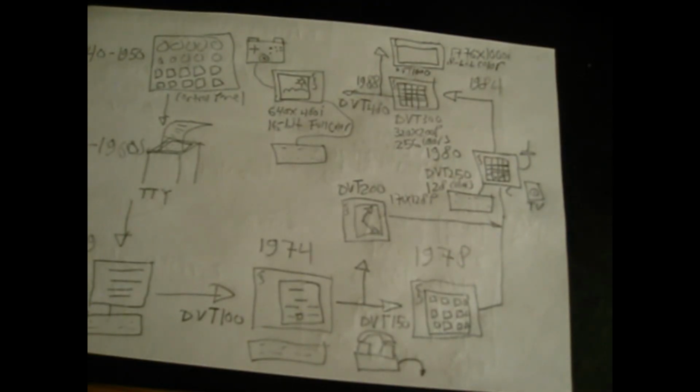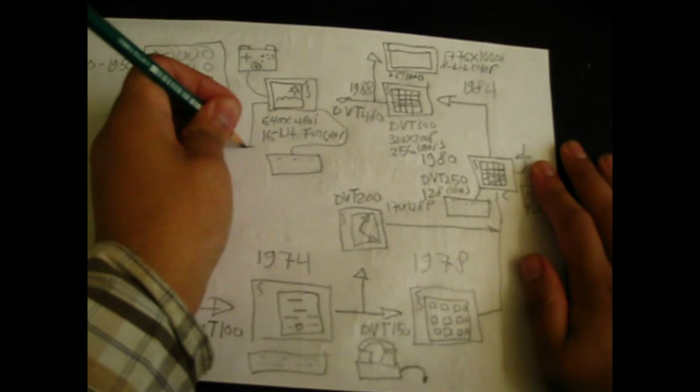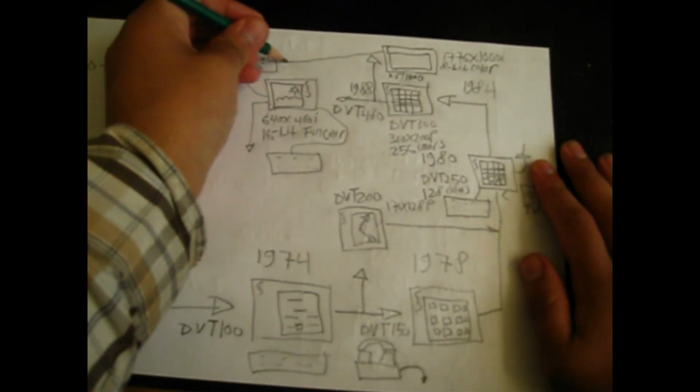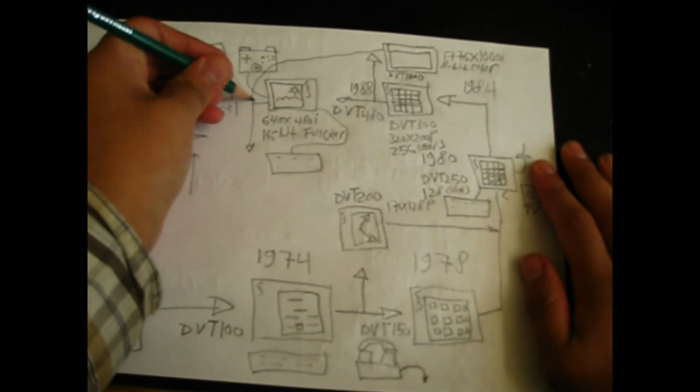Now, the area between 1988 and 1992 would be the takeoff of the personal computer. It would have already existed by the 70s and 80s, but by the 1990s, the home computer would really become common. And there would really only be one step to milk the last little bit out of the DVT.